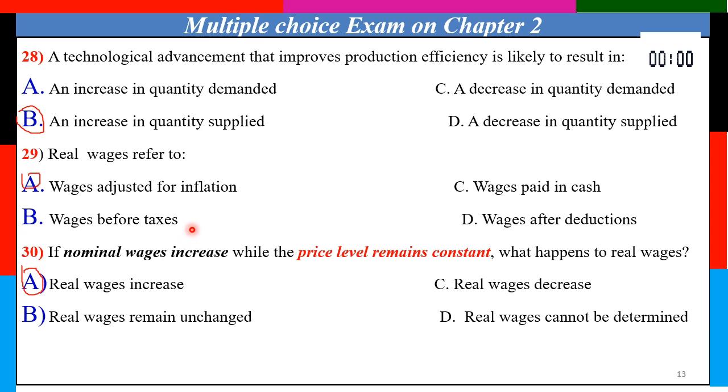When the nominal wage increases and the price remains constant, it causes what? The real wage increases. You know the formula of the real wage. So when the nominal wage is increasing and the price, the consumer price index, is constant, this causes the real wage to do what? Increase.